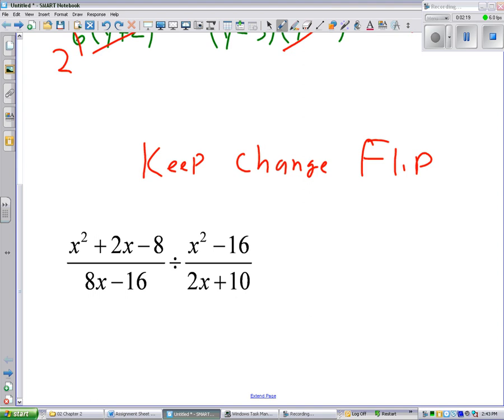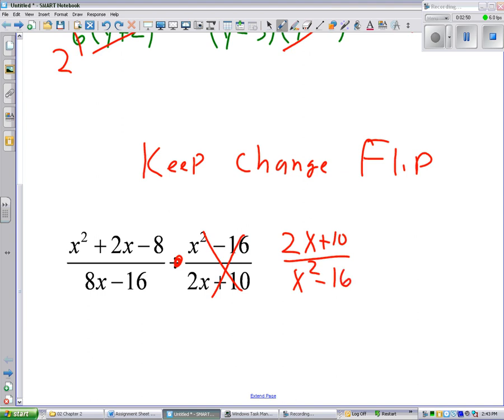What that means is we keep the first expression, x squared plus 2x minus 8 over 8x minus 16. We change the second expression to multiplication, and we flip the second expression using the reciprocal, 2x plus 10 divided by x squared minus 16.